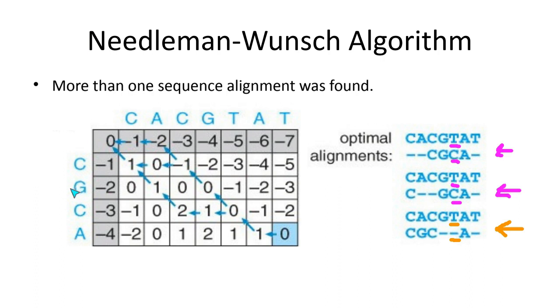But you do that and you trace back all the paths. That gives you all your alignments. And the way this is set up, it is guaranteed that the one alignment or the top group of alignments that you get out of this will be the best scoring possible alignments out of all the possible alignments.